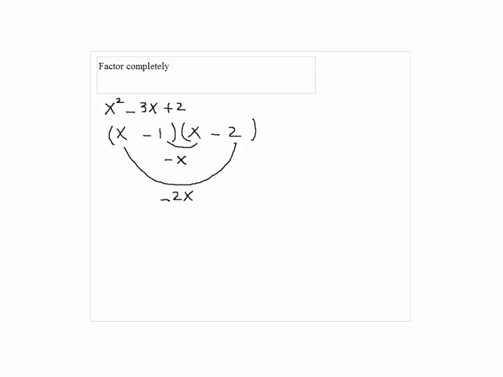For 2, we have 1 and 2. If you look at the two closest terms and two furthest terms, you get 2x and x. Remember, you want to have minus 3x out of this, so these two must both be minus. And we check: minus 1 times minus 2 is plus 2, and that's how you factor that completely.